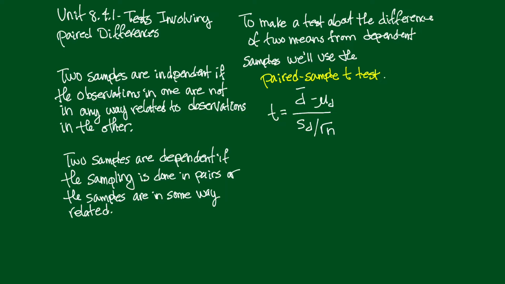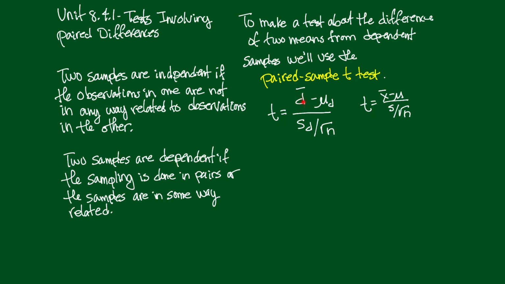The t-statistic we used before was this: t equals x bar minus mu divided by s over square root of n. And just look what each one of these things are here. All right, so x bar is the mean minus the assumed mean, right? The observed mean minus the assumed mean. Now look over here. D bar, that's the mean of the differences, all right?